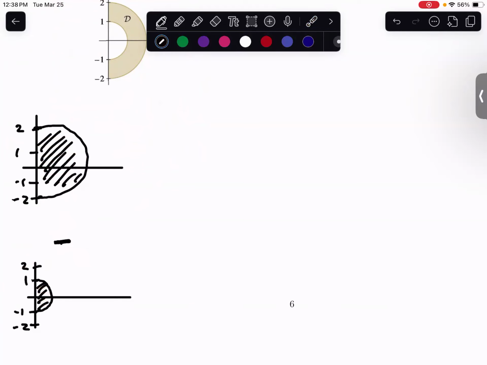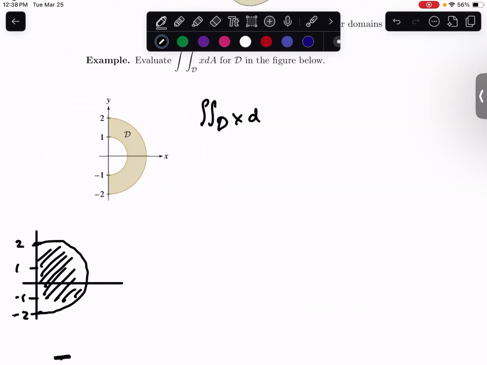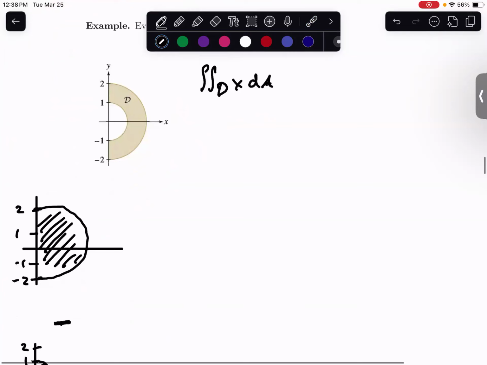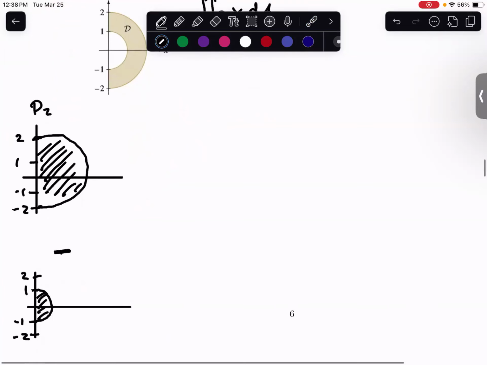So what I'm saying is that this double integral over D of our function x dA, let me describe this as being D2, and this as being D1.